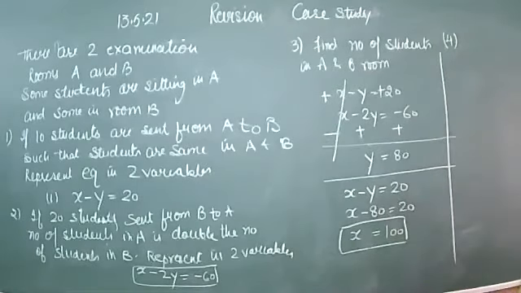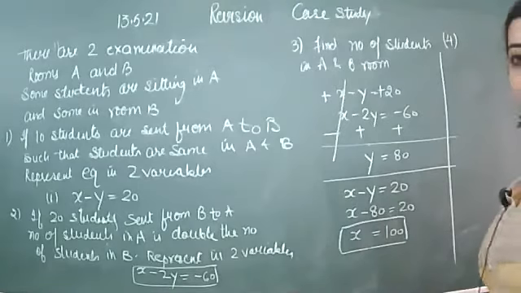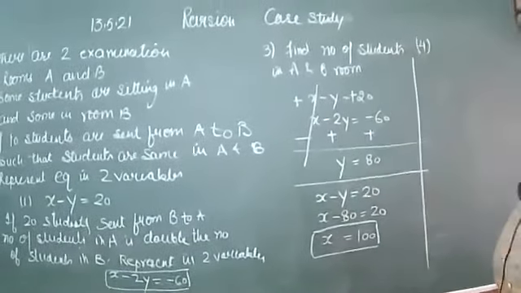Is it clear? Can you tell me which type of pair of linear equations has which type of solution? Is it a unique solution, no solution, infinitely many, or none? You have to tell me the type of solution.